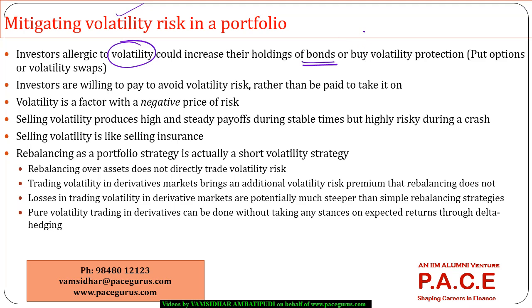Or nowadays we have so many securities available in the over-the-counter market, the derivatives. Either I can use put options, which give me an option to sell off my underlying if the price falls below a certain value. Or I can look at a volatility swap, where I am exchanging some amount of money for every unit of actual volatility greater than the expected volatility.